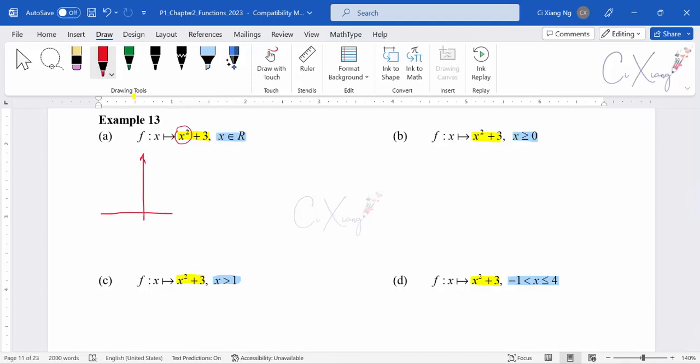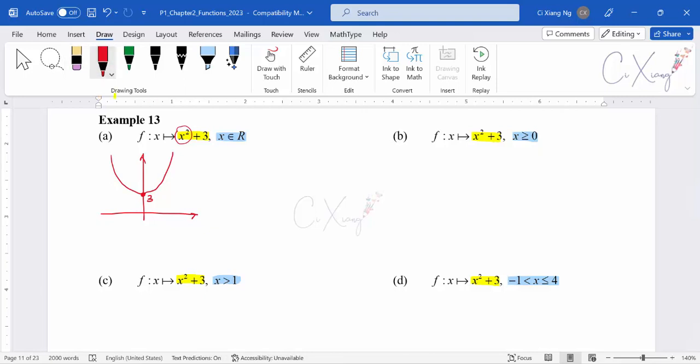So your graph will be a U shape, and the minimum point will be 3 because you are shifting the graph 3 units up vertically. So this is your function for x squared plus 3.